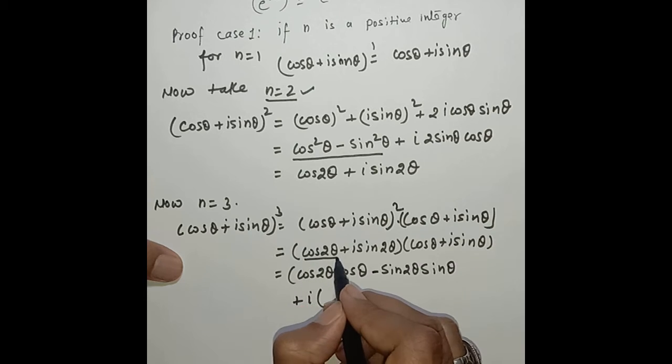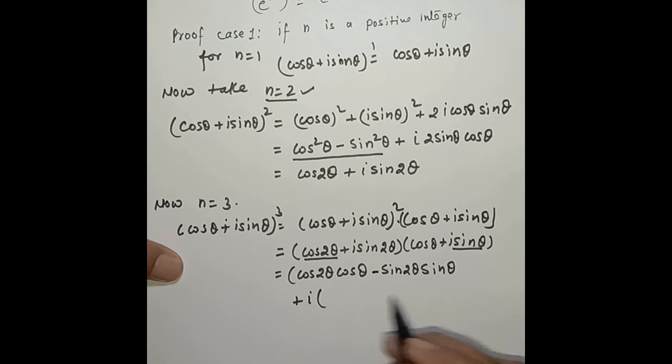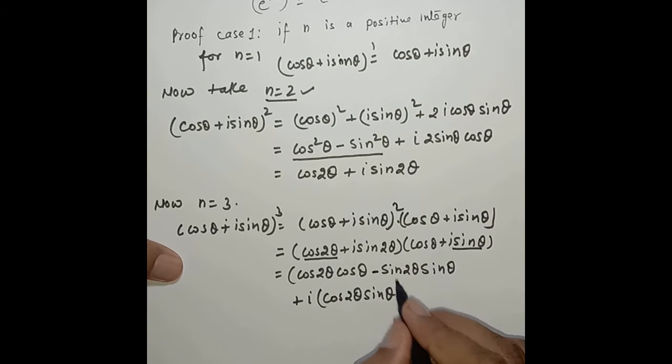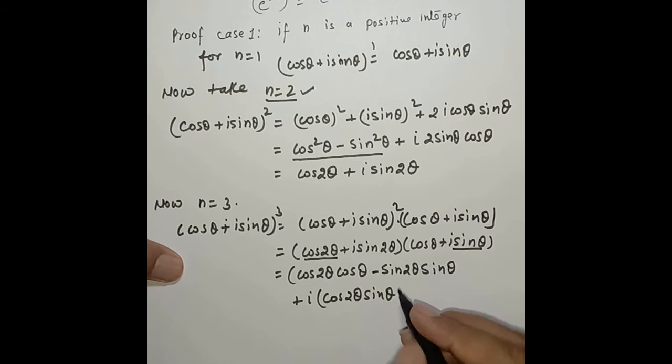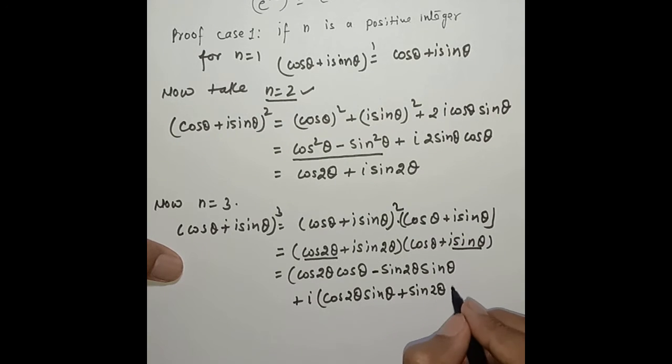When cos 2 theta is multiplied by sin theta, this is cos 2 theta into sin theta, and i is common. And the second part, if you multiply i sin 2 theta into cos theta, we get sin 2 theta into cos theta, and i is common throughout the bracket.